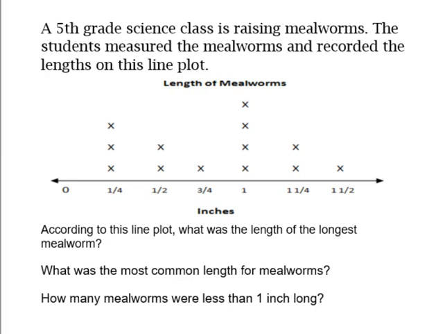According to this line plot, what was the length of the longest mealworm? We also need to find what was the most common length for mealworms. And lastly, how many mealworms were less than 1 inch long?